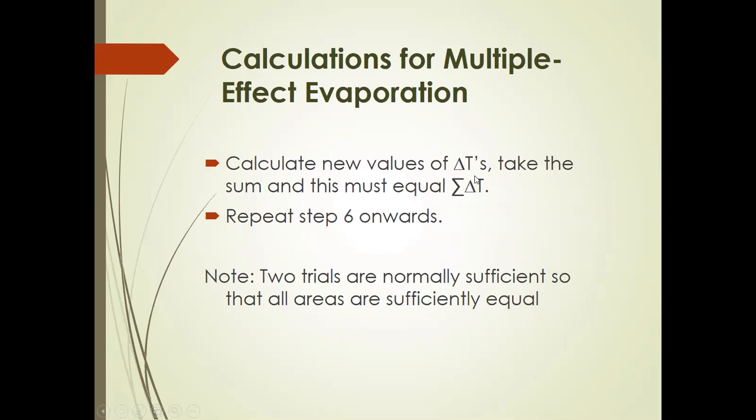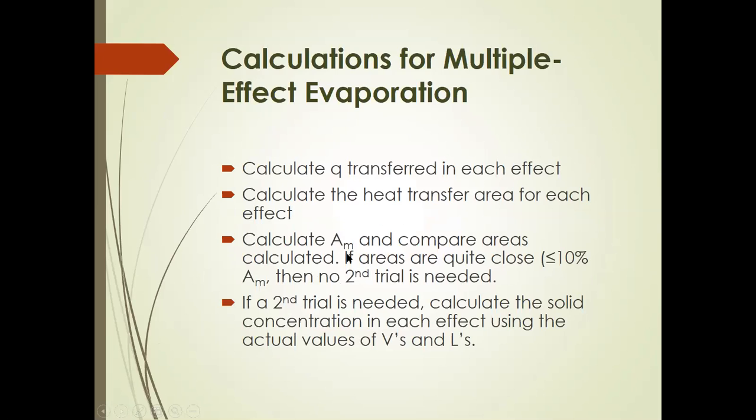So there's a formula for this based on the mean area and the area that you have computed here. So you're going to use both the calculated area and the mean area that you have computed so you'll be able to come up with the new delta T, and we will label that delta T prime.